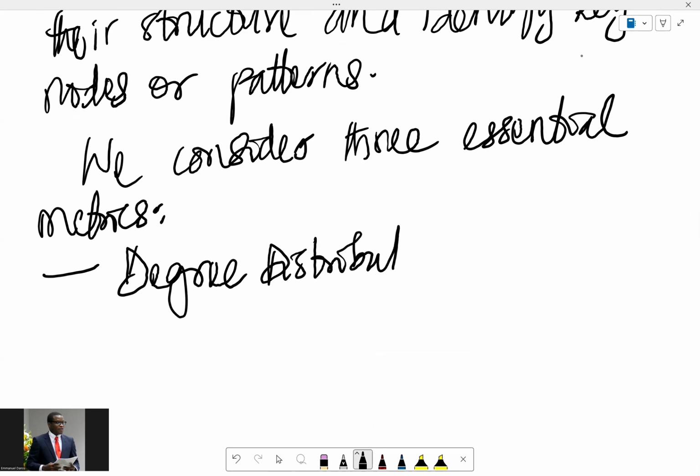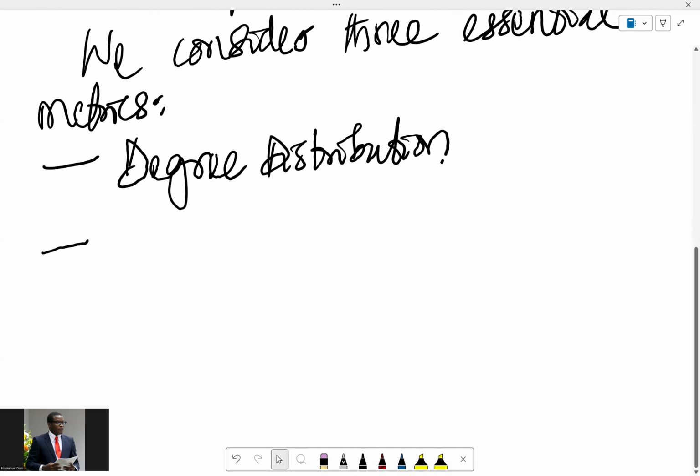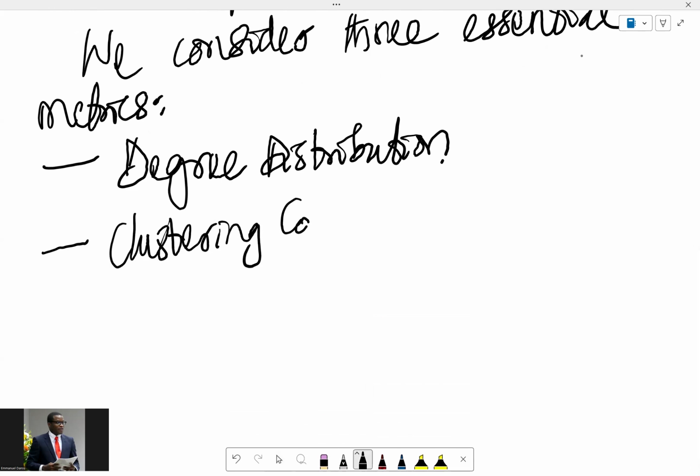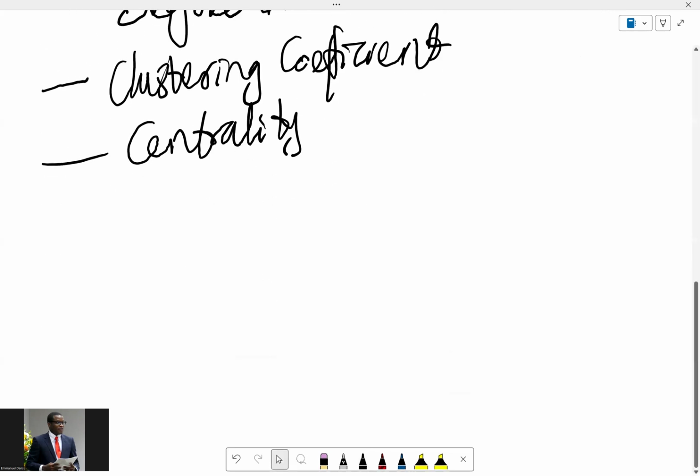In graph theory, we already looked at the idea of degrees, which is simply the number of edges that get into and out of a node. Then we have clustering coefficient, and then we have centrality. So let's take them one after the other as we unpack them.